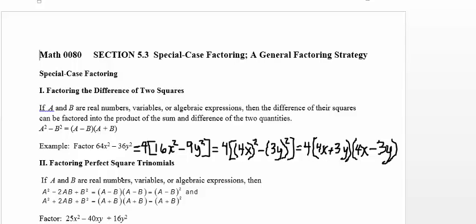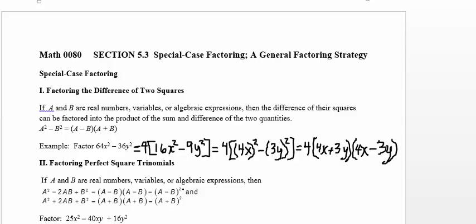All right, now the other special case is factoring perfect square trinomials. So if a and b are real numbers, variables, or algebraic expressions, then a squared minus 2ab plus b squared always factors into a minus b times a minus b.